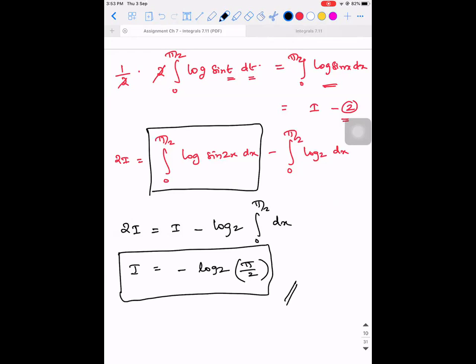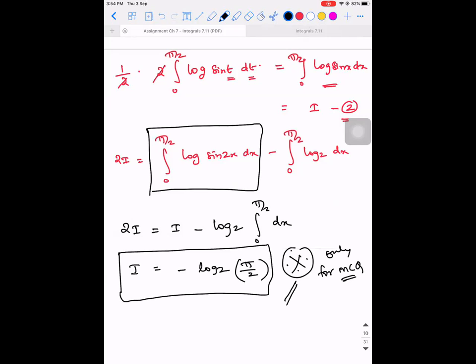Since they have introduced MCQs, if they want to ask this question in MCQ, this can be remembered as a final result, only for MCQ purposes. I'll show you some problems in the exercise where we can use it like a formula and solve, but that depends on the number of marks. If it is asked in MCQ, use it as a formula.